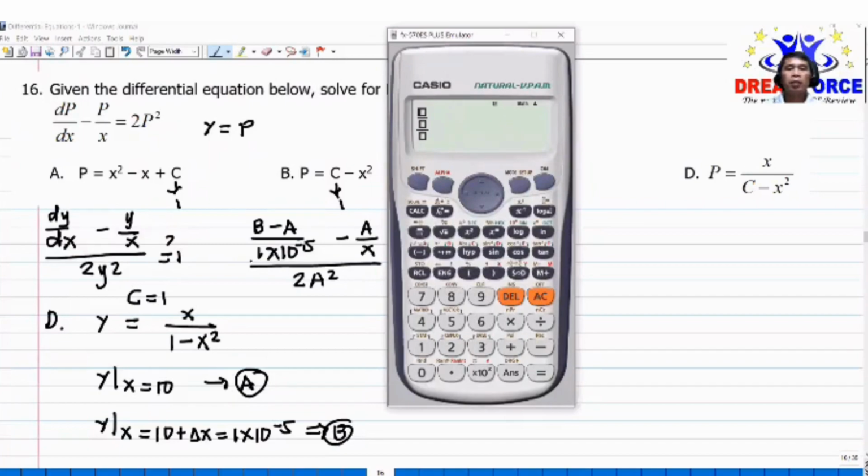So press natin ito, recall b minus recall a divided by 1 exponent negative 5 minus recall a divided by alpha x all over 2 alpha a squared.